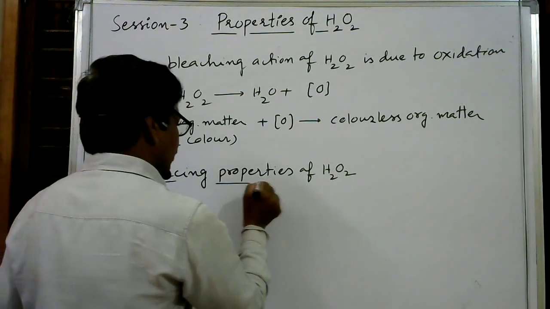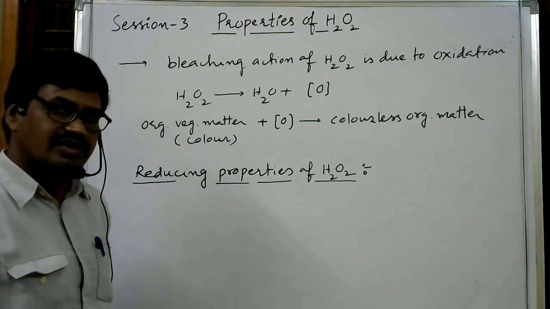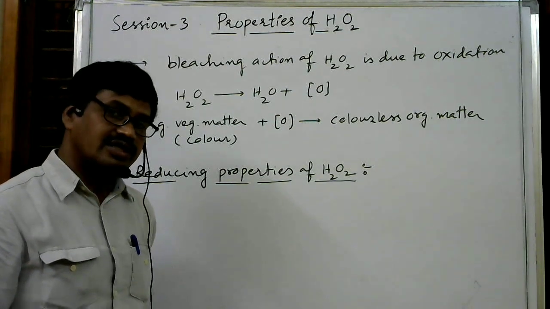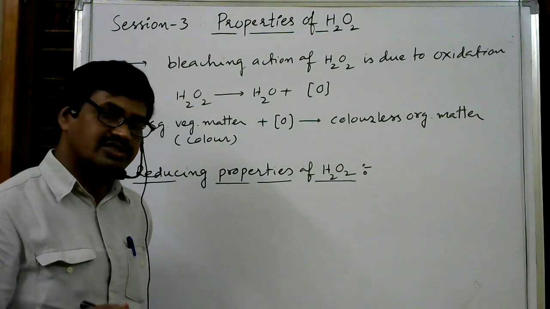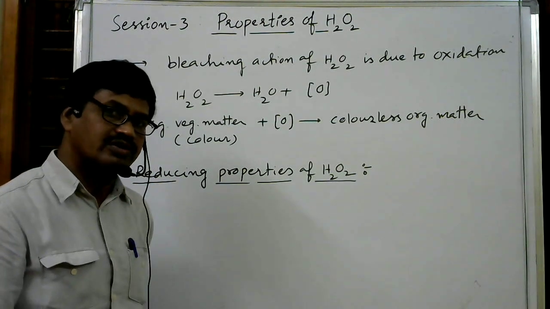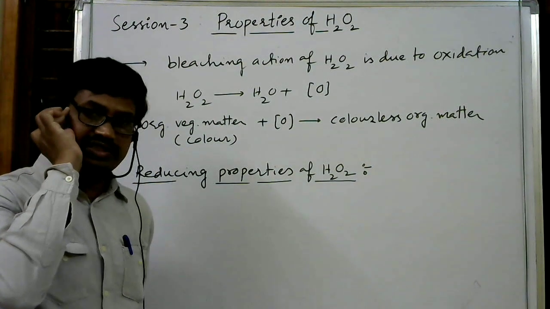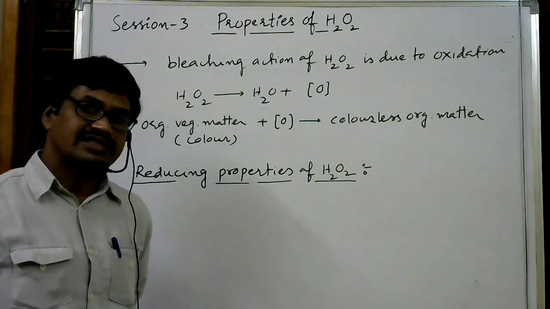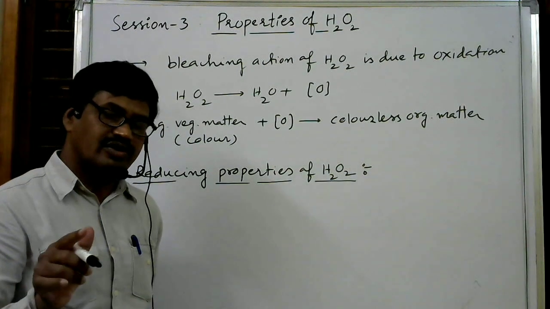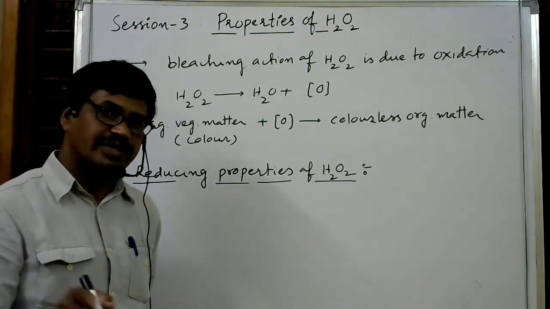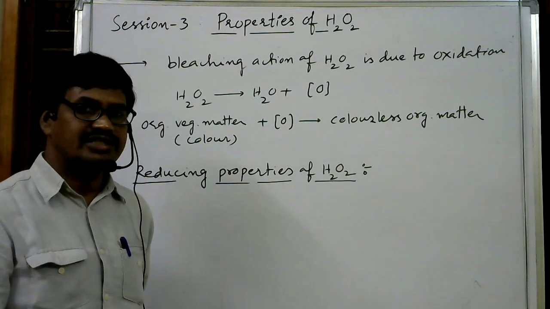Whenever a somewhat strong oxidizing agent is present along with H2O2, meaning compared to hydrogen peroxide the oxidizing strength of that particular compound is more, then that compound acts as the oxidizing agent and hydrogen peroxide acts as the reducing agent. So in comparison, if hydrogen peroxide's oxidizing strength is less compared to the other compound, then hydrogen peroxide acts as the reducing agent.